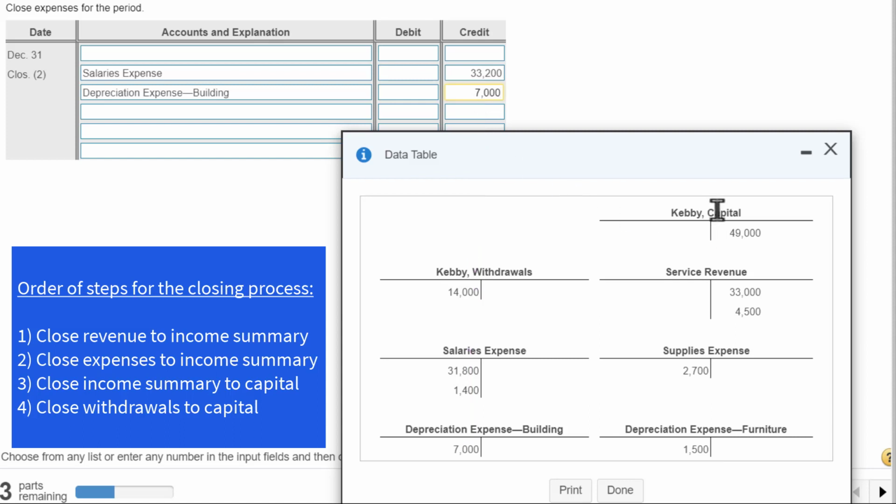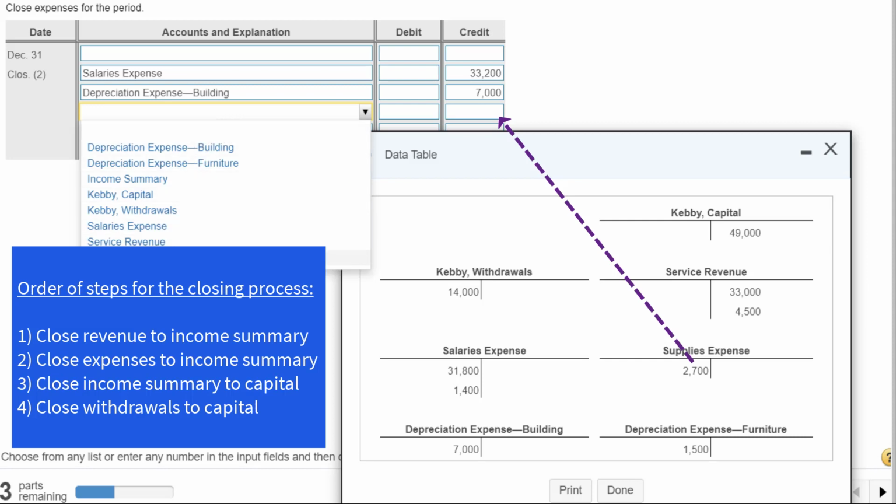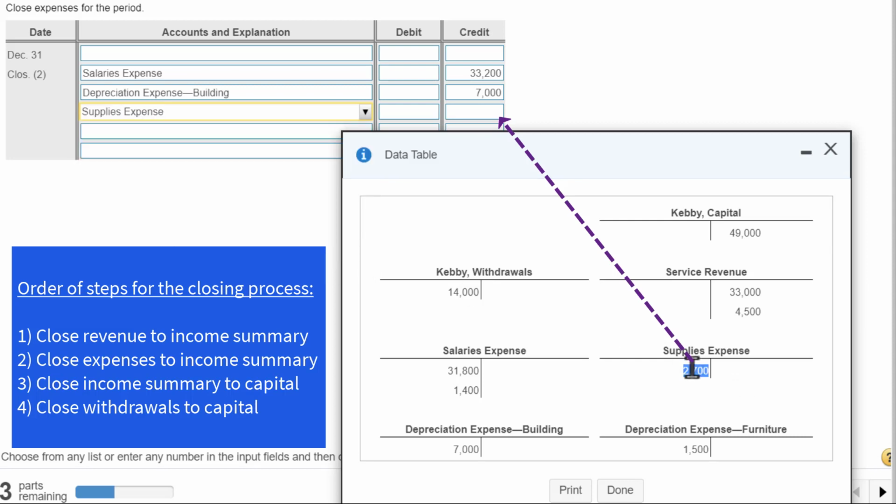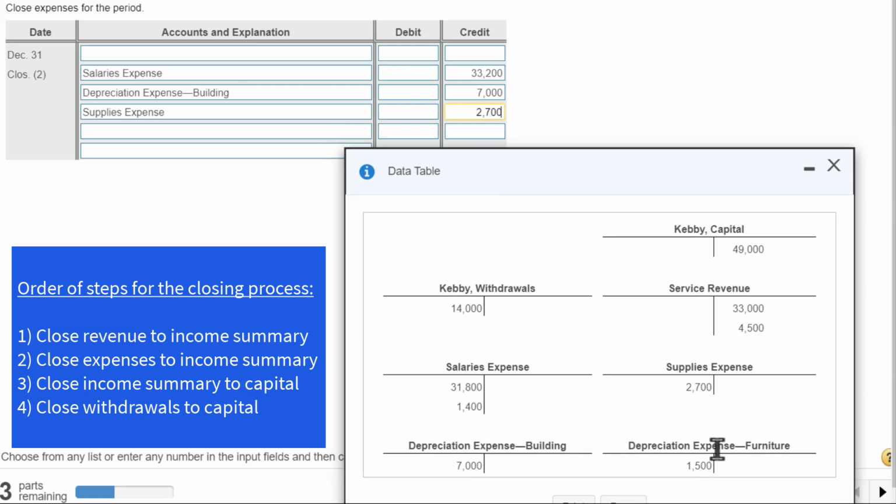And then let's go back up here, see what our next expense is. And here's our next expense, supplies expense. So I'm going to credit that. How do I close it? I'm going to put 2,700 on the right side. So that's why I'm putting it on the right side up here. And then finally we got depreciation expense on the furniture.